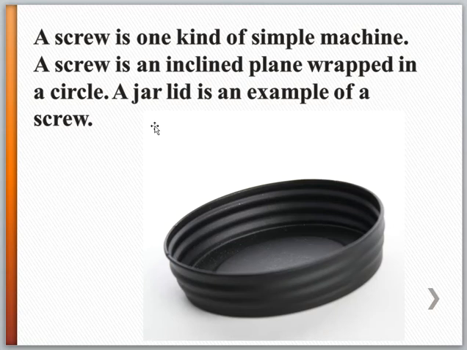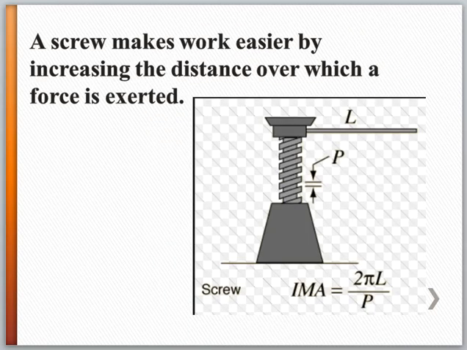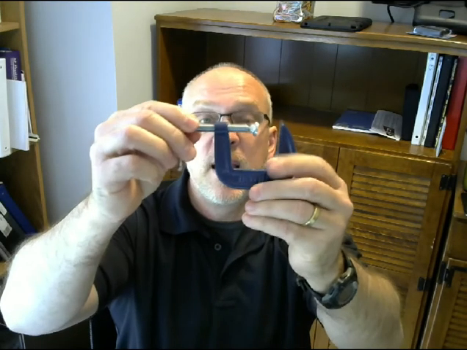It's a simple machine just like the lid of a jar. That's an inclined plane wrapped around, so you can get that jar lid on much tighter. A screw makes work easier. I've actually got another example right here. This is a clamp.